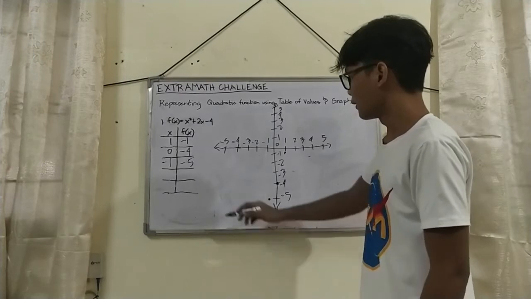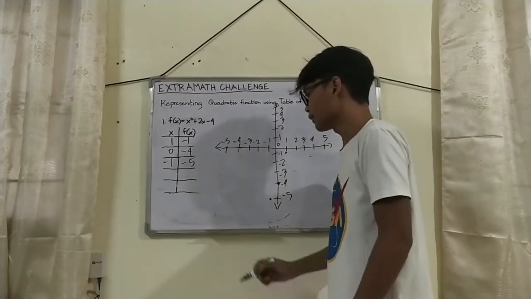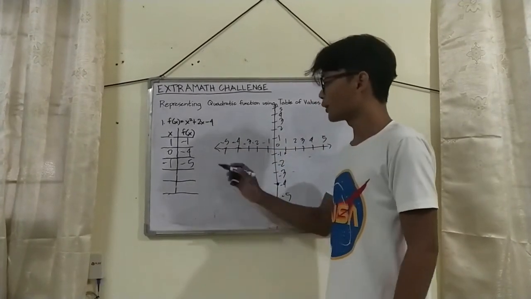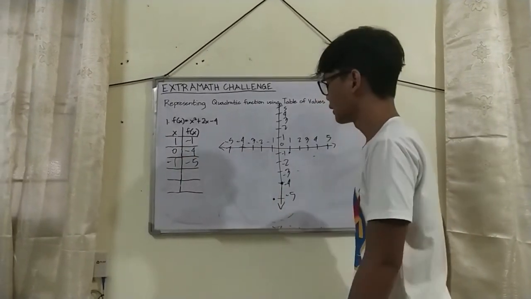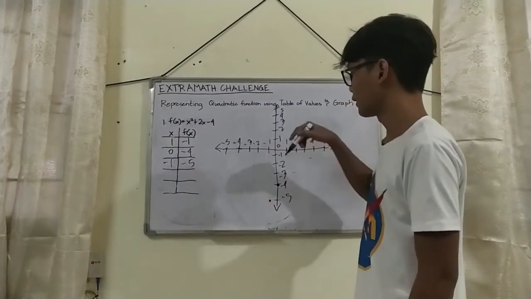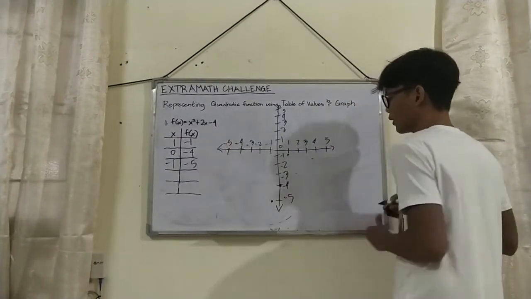So the bottom part of our table of values is still unknown. We will solve for the left part of our parabola.